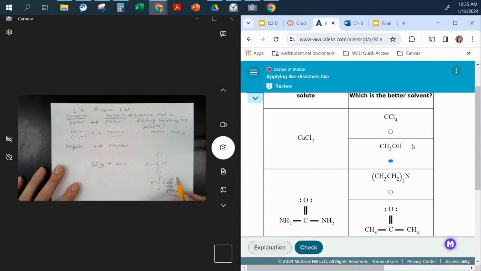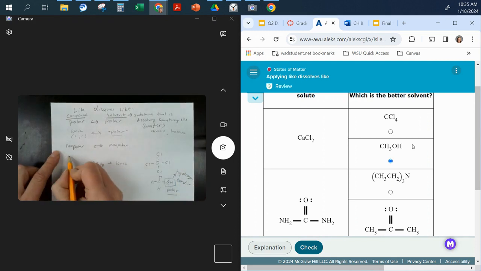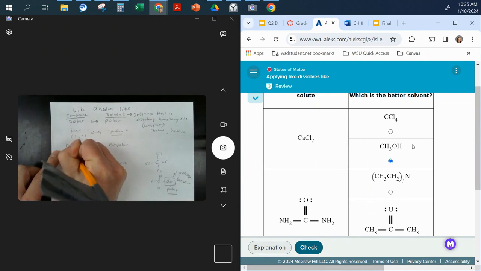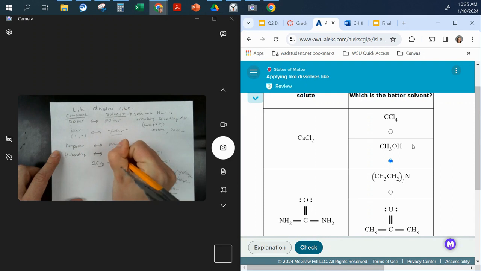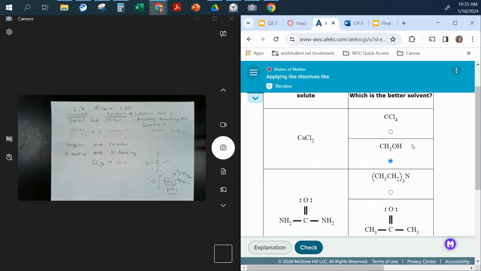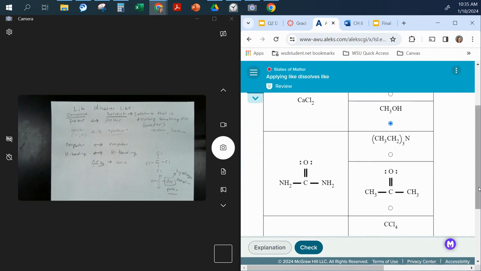If it has OH groups, that also has hydrogen bonding. Okay, I guess we should also add if it has hydrogen bonding, that's the best solvent is going to be something that has hydrogen bonding. If we could choose, that's going to be something that we're going to look for.